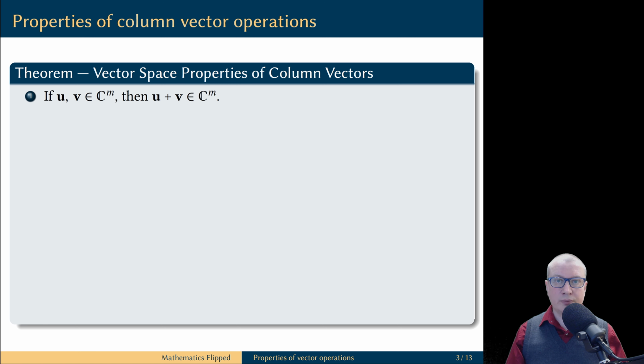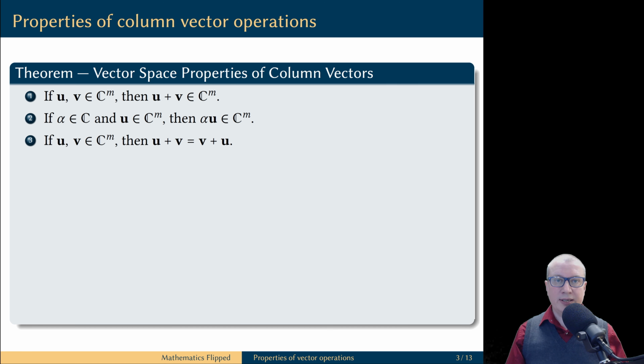This is the closure property. The second property says that the vector space Cm is also closed with respect to the operation of scalar multiplication. The third property says that the operation of vector addition is commutative. The fourth property says that the operation of vector addition is associative.